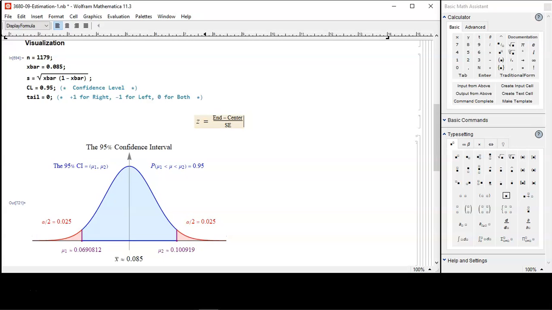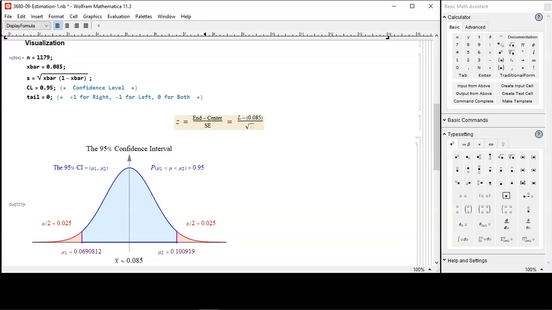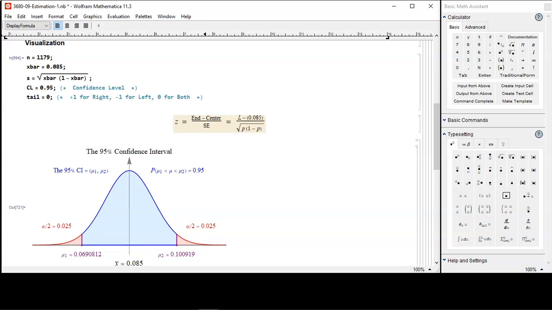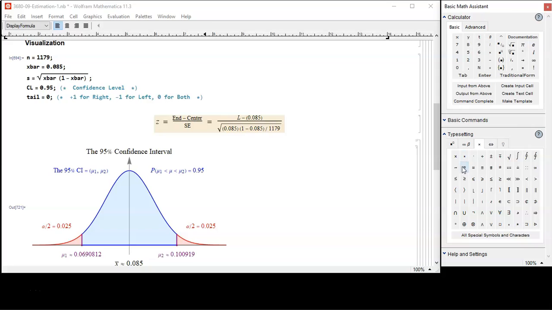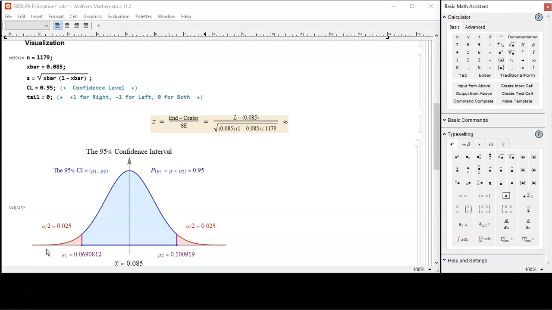So this is L minus the center 0.085 over square root of p(1 minus p) over n. That's a formula, isn't it? And p is 0.085 and 1 minus of that, divided by 1179, and that should be approximately equal to the z-score associated to 2.5% here.